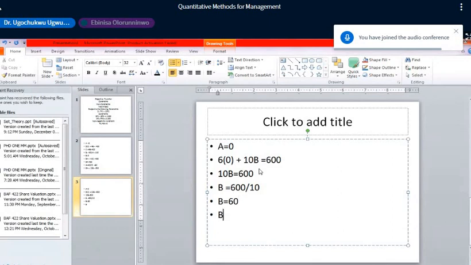And if you assume that B is equal to 0, then 6A plus 10 into 0 will be equal to 600.